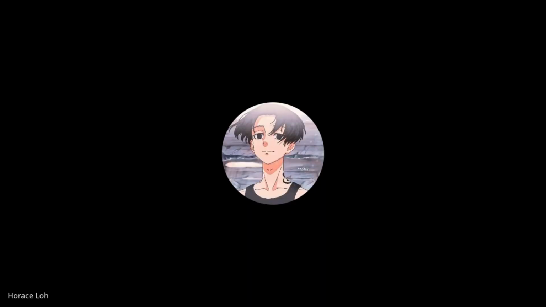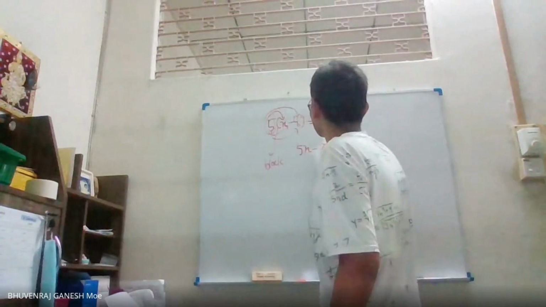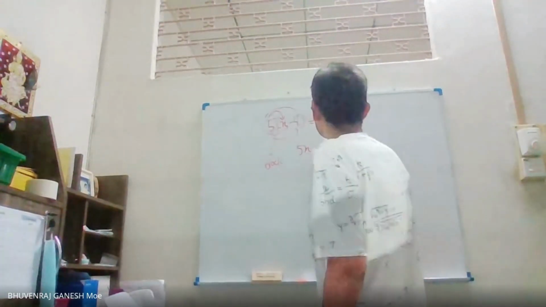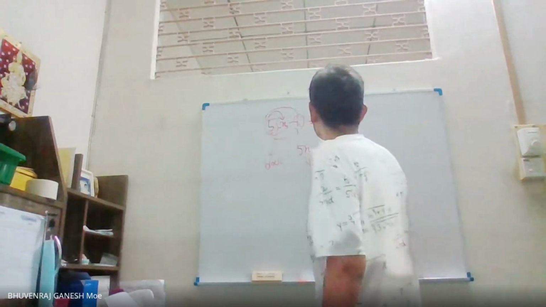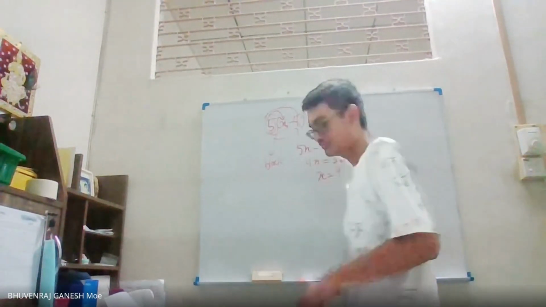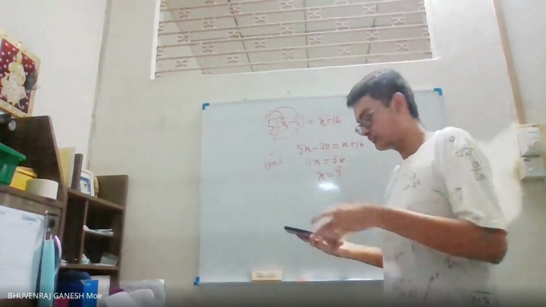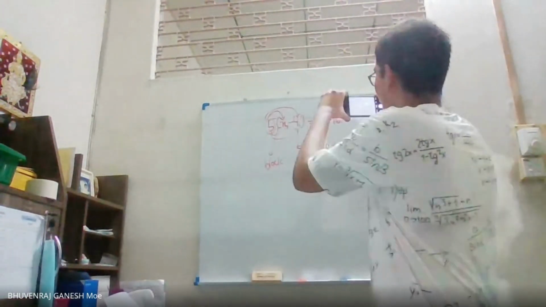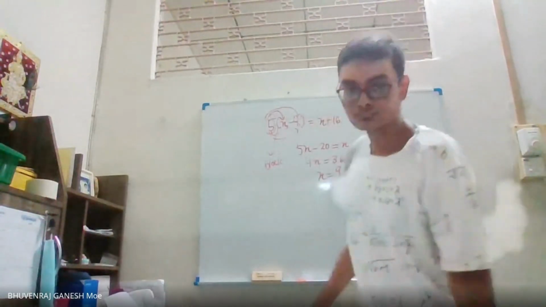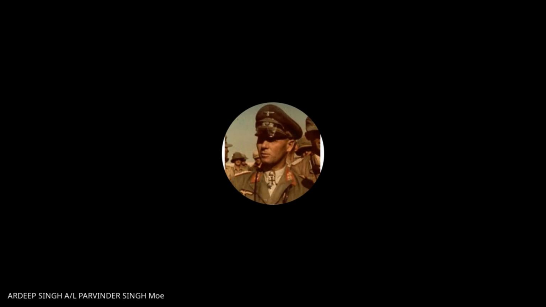x equals 9. Okay, wait, I never solved it. Okay, let me see. 4x equals 36. Yeah, correct. Wait, how do we get the 36?